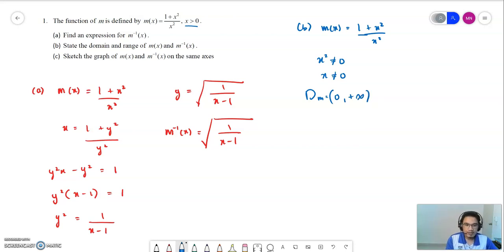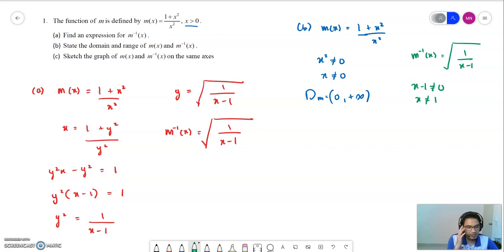Then to find the range, I will just use the inverse of m(x). m inverse of x equal to the square root of 1 over (x minus 1). From this m inverse, the denominator says that x minus 1 cannot be equal to 0, so x cannot be equal to 1.